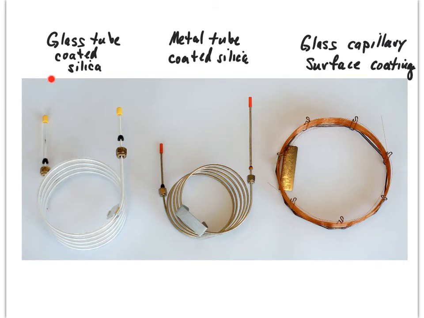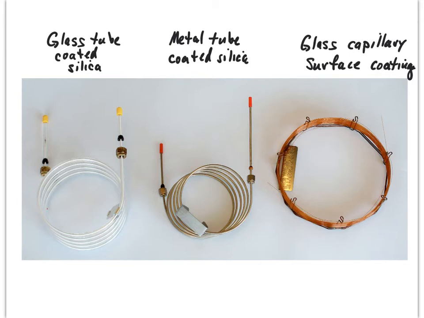So the columns in older instruments were glass tubes that you would have to blow silica, sand, into, and then you would blow some kind of high molecular weight solvent through to coat that sand to create the non-polar stationary phase, right? They went to thinner metal tubes that still used coated silica.